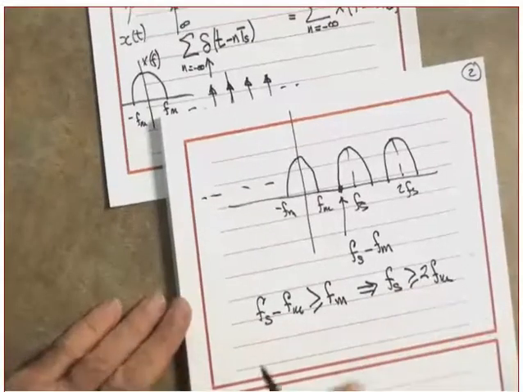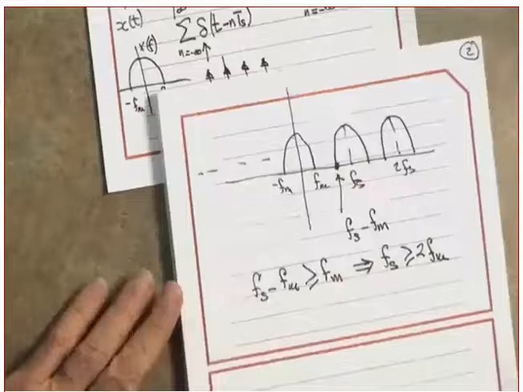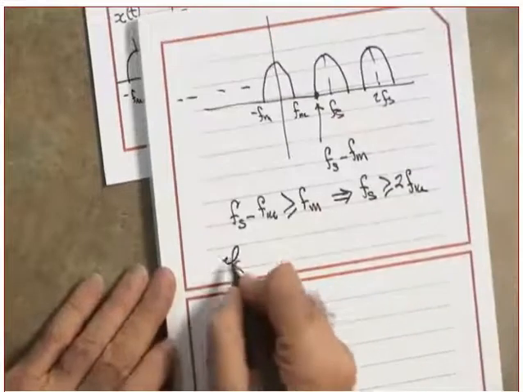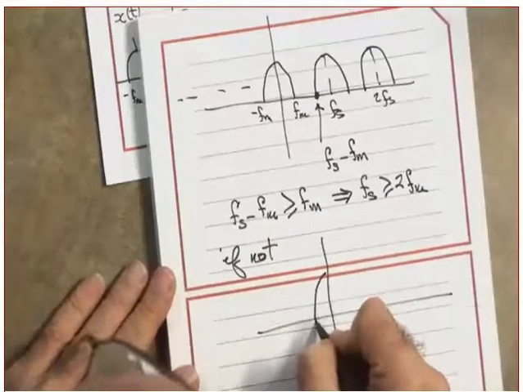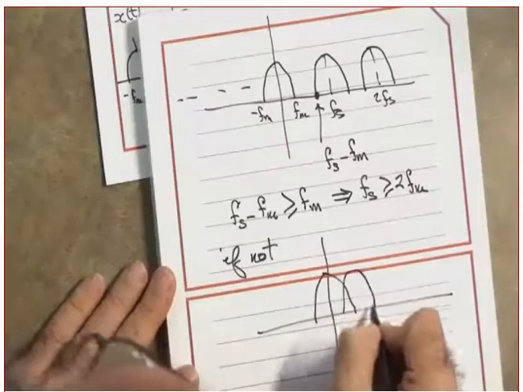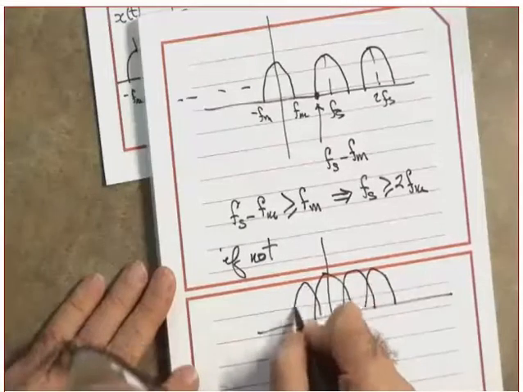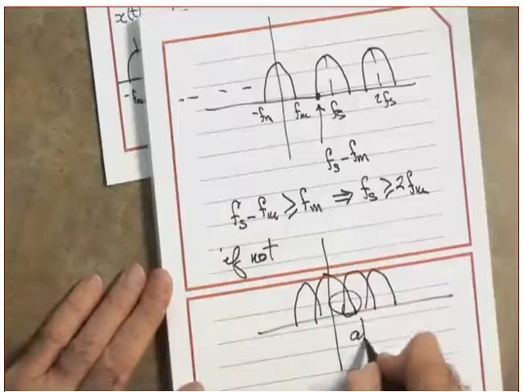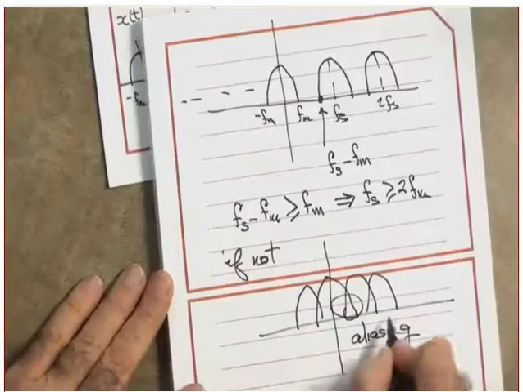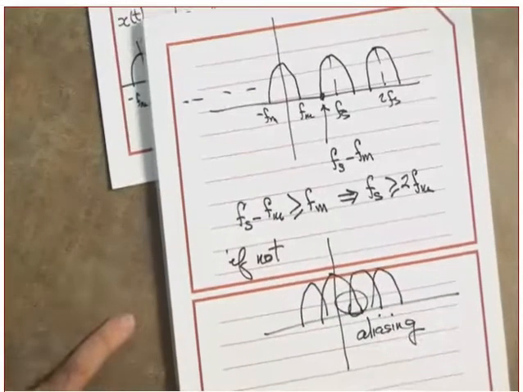Agree? What if it's not? Can you tell me what the spectrum looks like? If it is not, this is what I have. Agree? That's the aliasing. Did you get it or not?